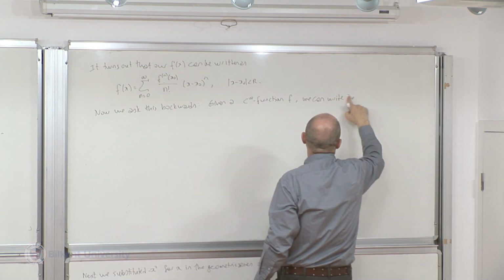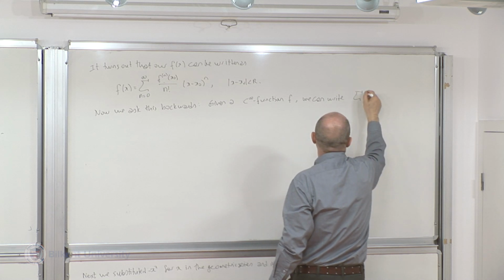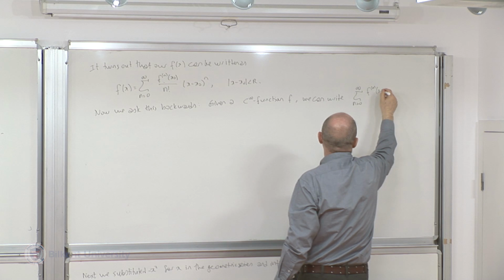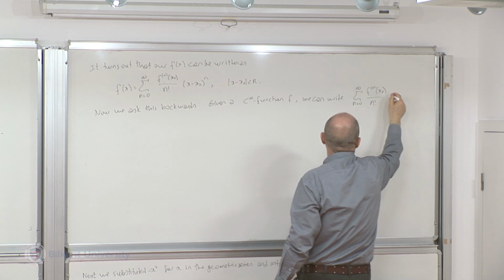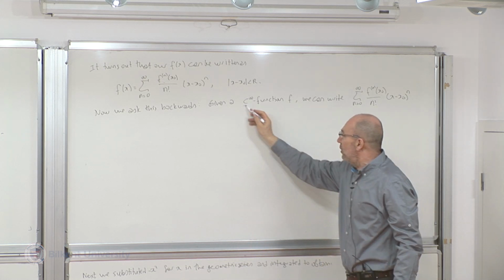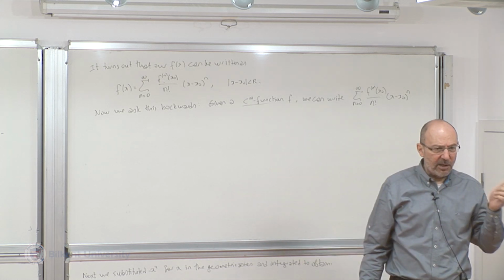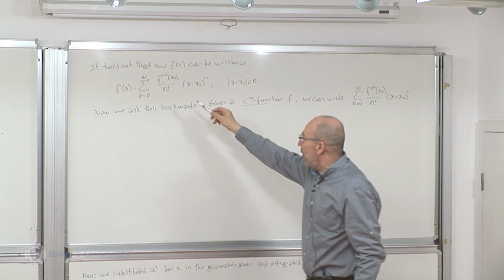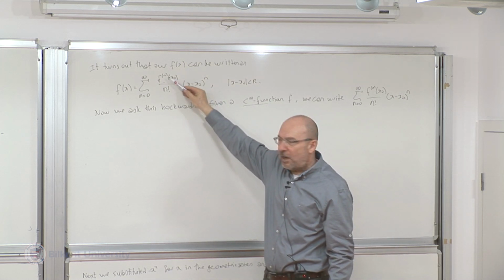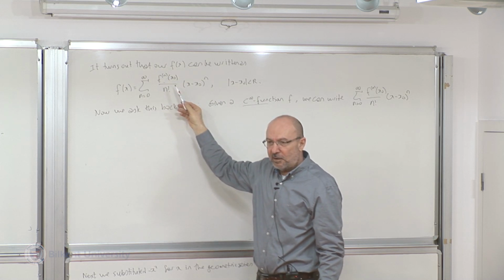We can write the summation from n equals 0 to infinity of the nth derivative at x sub 0 over n factorial, times (x minus x sub 0)^n. C infinity function means that all derivatives exist. For this thing to make sense, I should be able to take derivatives of f infinitely many times. I end up with this thing.